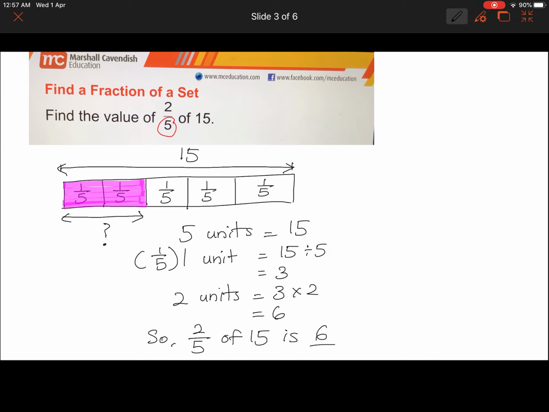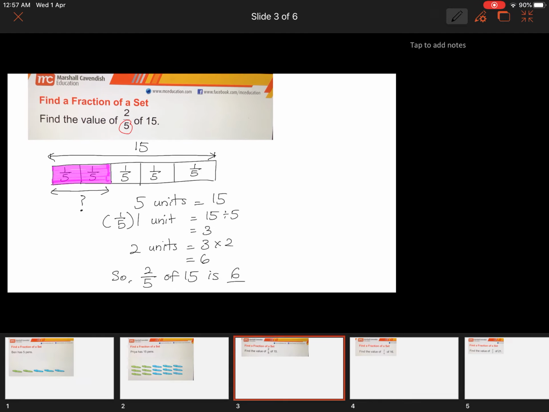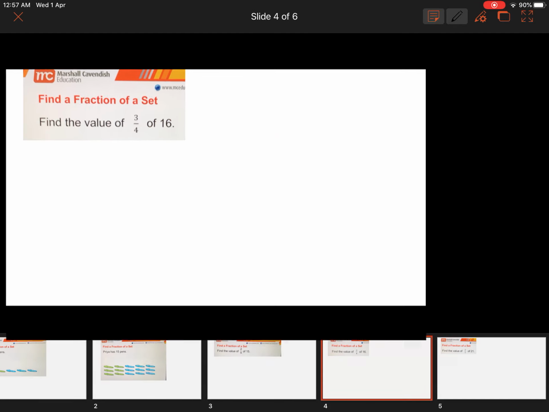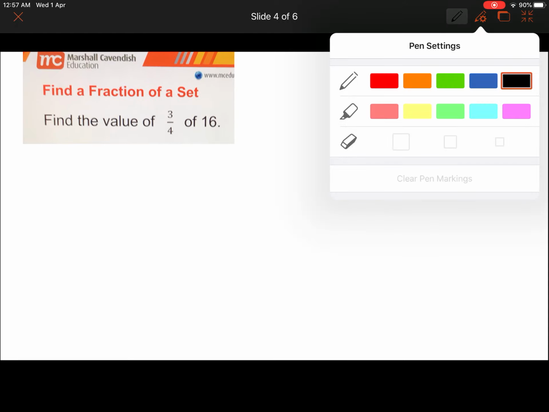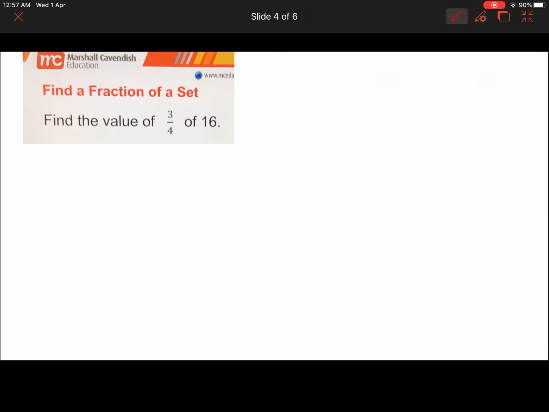Does model always work for this type of question? So let's look at another example with the same concept. Find the value of 3/4 out of 16. So from the diagram, we can see that the denominator is a quarter.